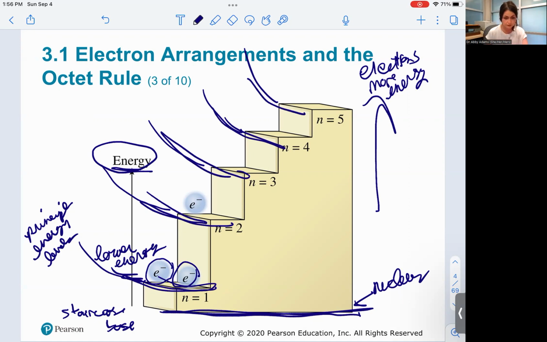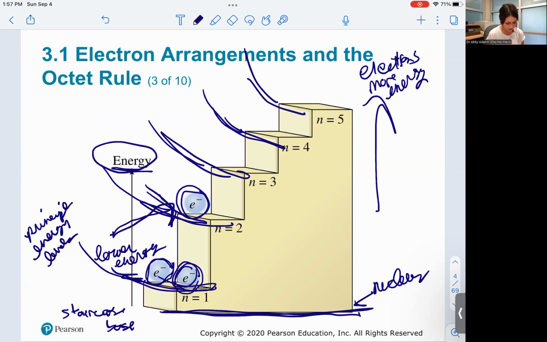Electrons want to be as close to the nucleus as they can. So if you have 3 electrons, 2 are going to sit on this stair, and the next electron is going to want to be as close as it can to the nucleus, so it'll sit right here on the next step in the next principal energy level.